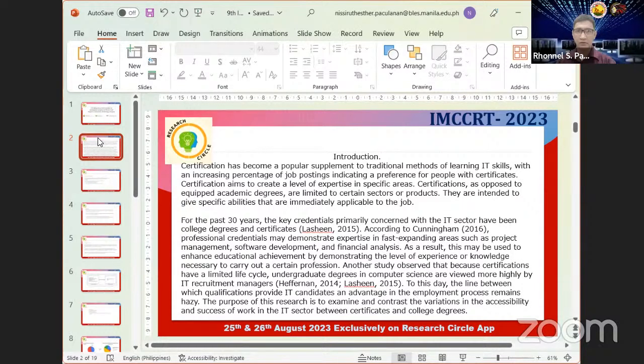Certifications aim to create a level of expertise in a specific area. Certifications, as opposed to an academic degree, are limited to a certain sector or product. They are intended to give specific abilities that are immediately applicable to the job.